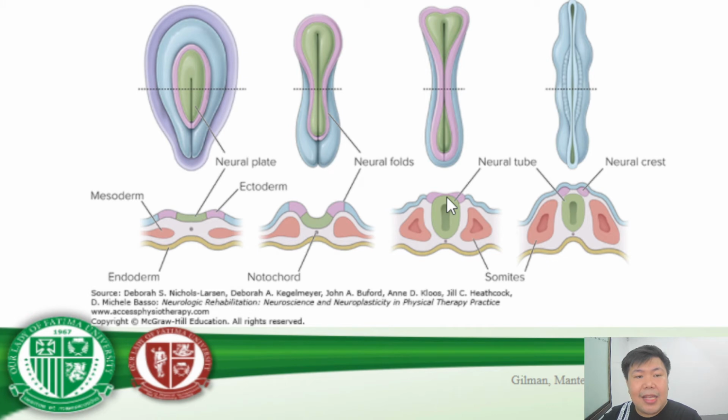Isasara niya. Paglubog niya, magpo-form siya bigla ng tube. Yan. So, that tube is called neural tube. So, lulubog, tas itong part na to, tsaka itong part na to, magkikita sa gitna hanggang maging bilog siya. So, that's called the neural tube.